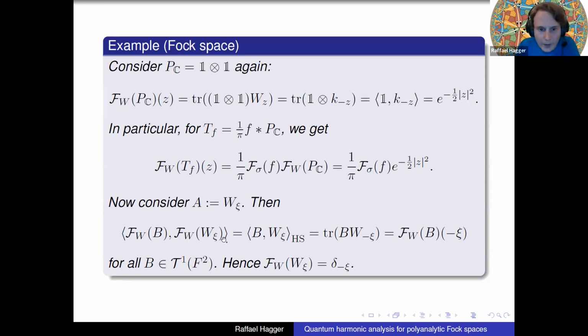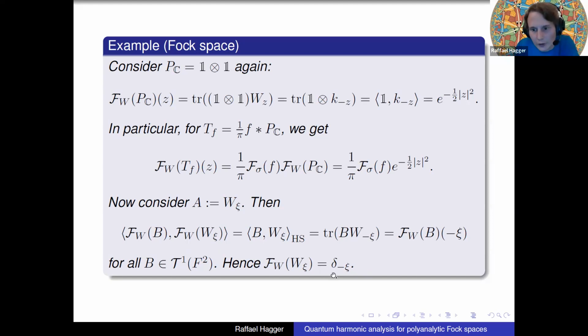And what this tells you now, if you compare the left and the right-hand side, is that all this Fourier transform of the Weyl operator does is evaluate at minus psi. And because this works for all trace class operators B, this has to be the delta distribution, right? Because it's just evaluation at minus psi, so this must be the delta distribution.